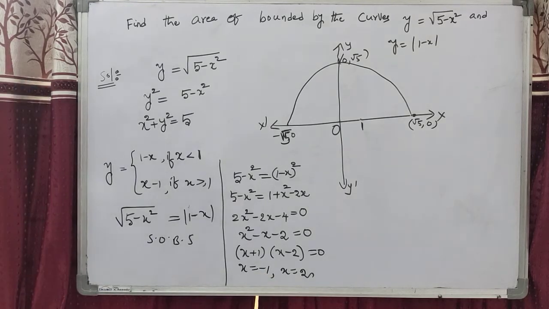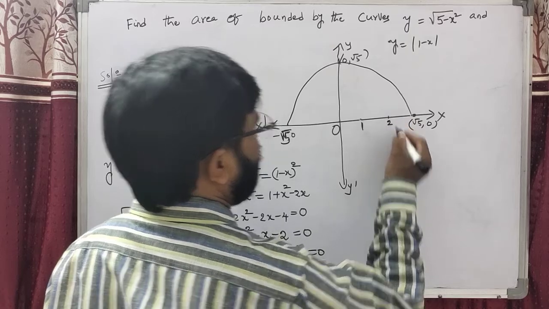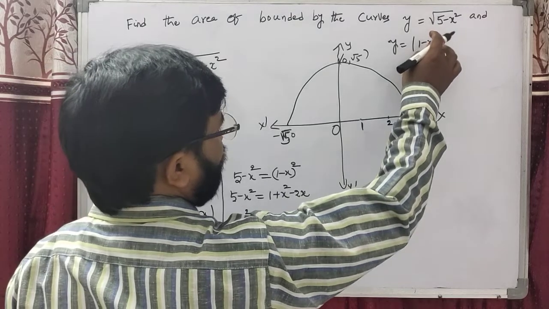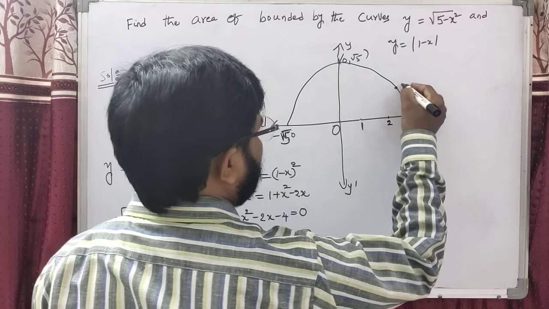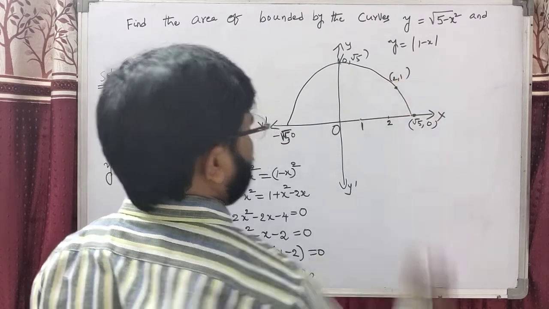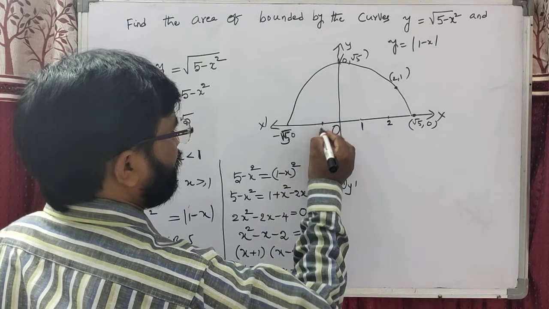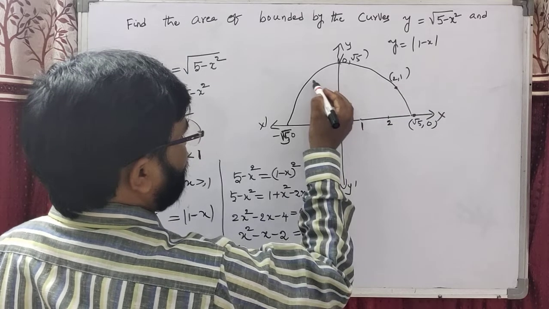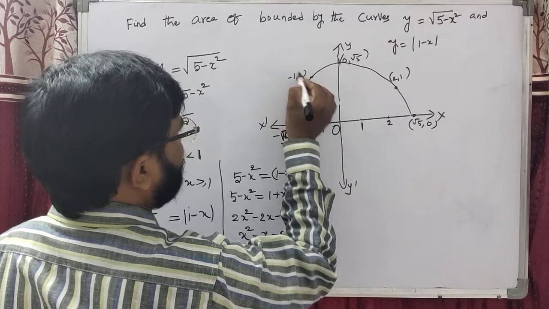When x is 2, y must be 1. This is the point 2 comma 1. When x is minus 1, undoubtedly the y value is 2. This is the point minus 1 comma 2.